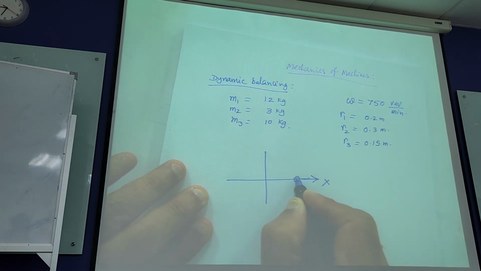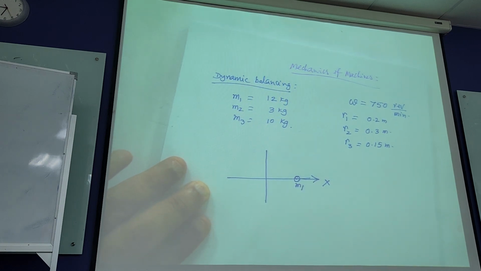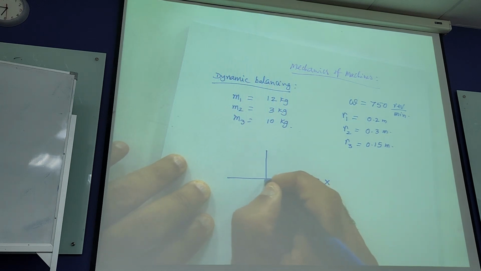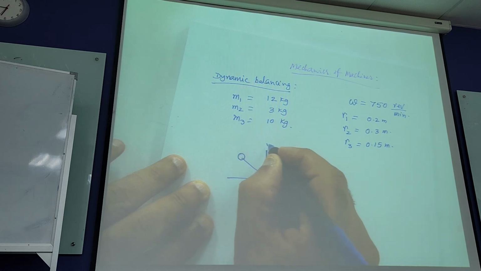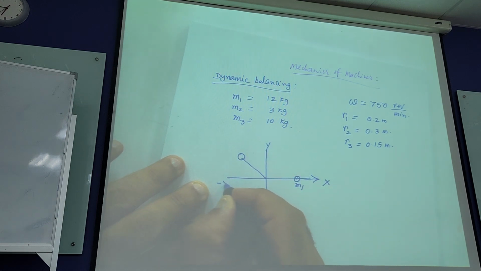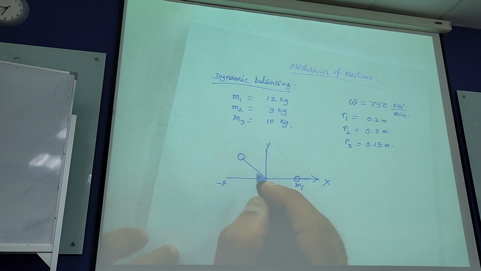so mass 1 is located along x-axis. So mass 2 is located in negative x, y plane.